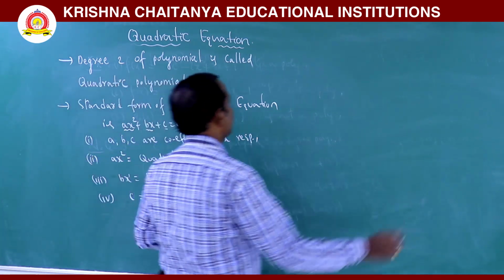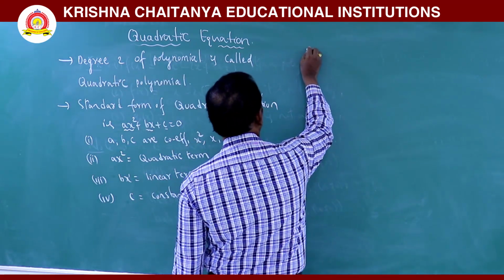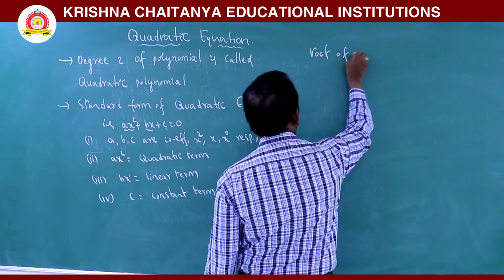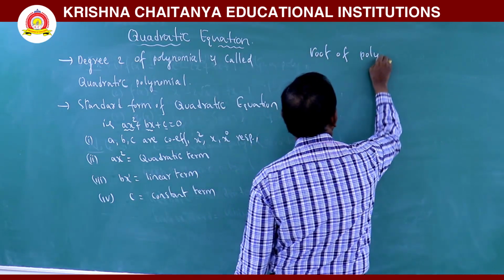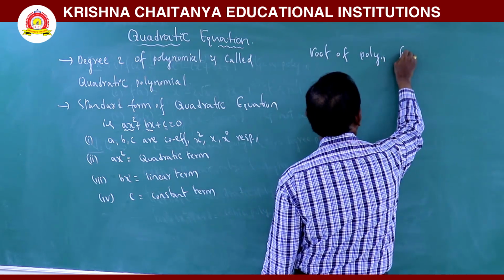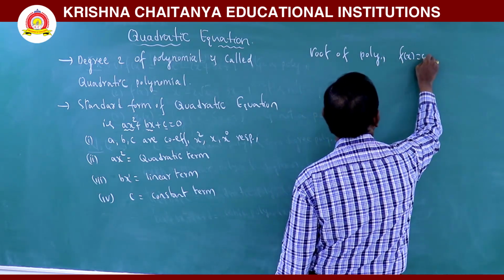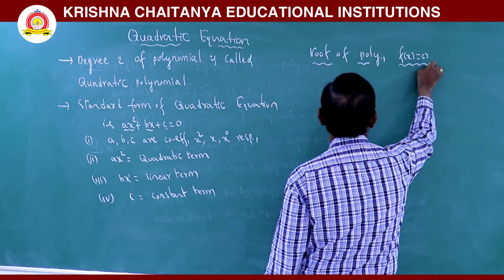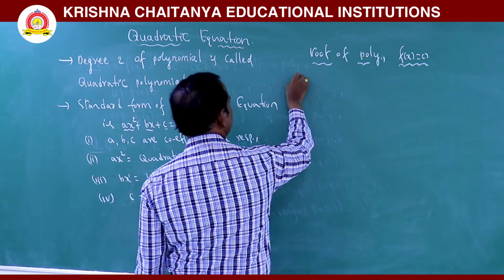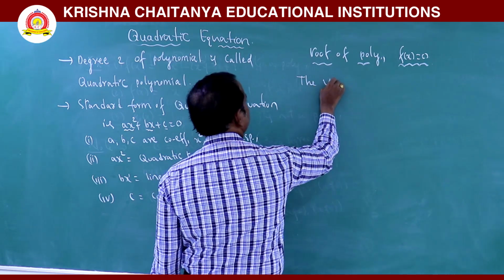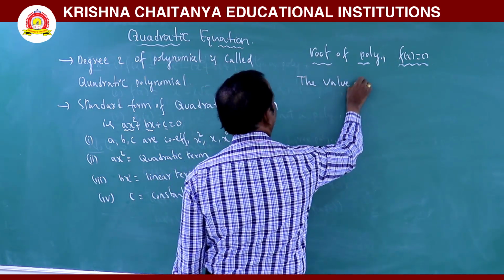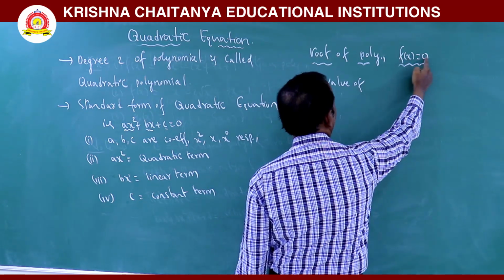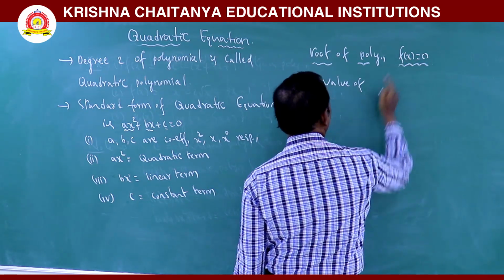So what is meant by root of the polynomial? We consider the polynomial as f of x is equal to 0, where x is called the variable.